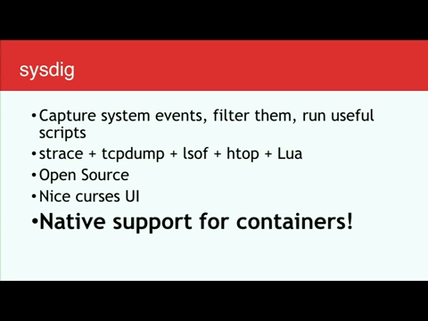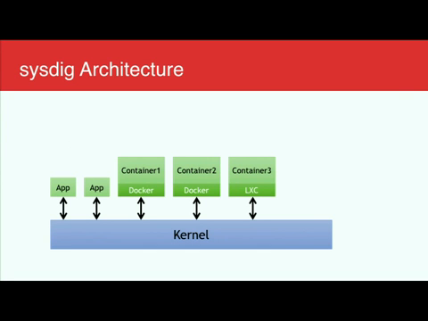let me quickly talk about the core architecture of it so you can understand what I'm going to show next. This is the typical architecture of one host where you have a single running instance of the kernel, and then on top of the kernel you have a bunch of processes.